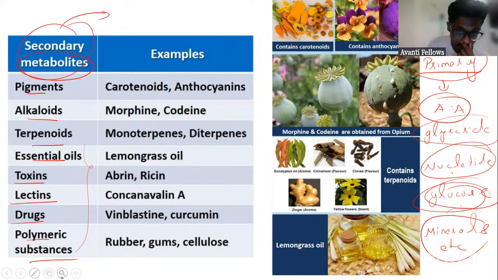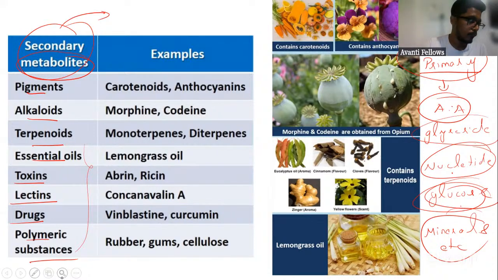Some of the metabolites have a huge economic value. Some of the metabolites have beautiful visual perspectives, auditory perspectives, or fragrance perspectives where you feel good about it. So we use this directly or indirectly for our gains or for our harm.